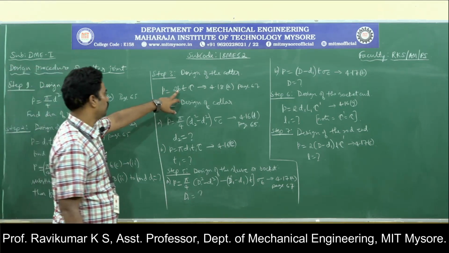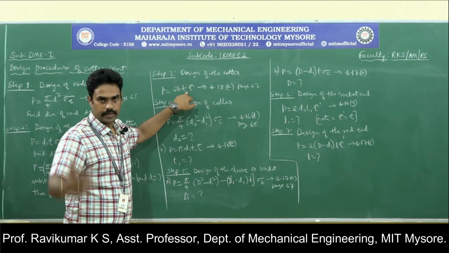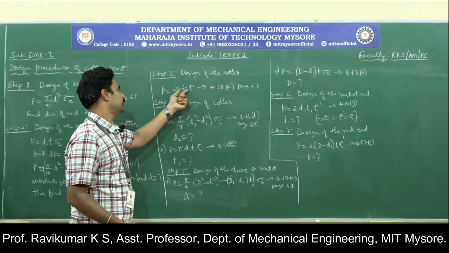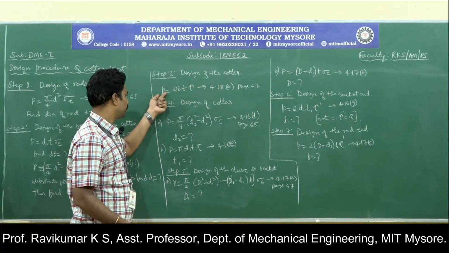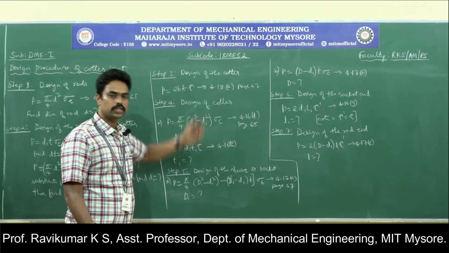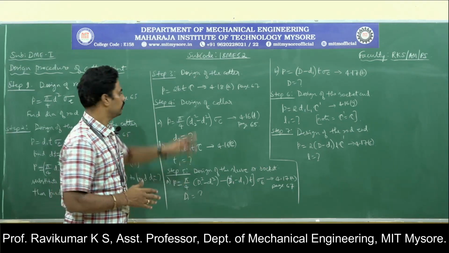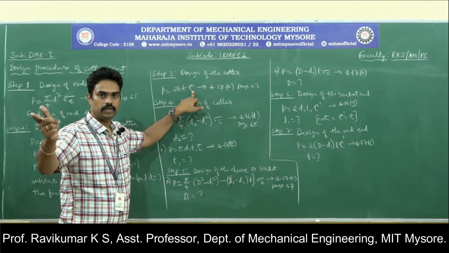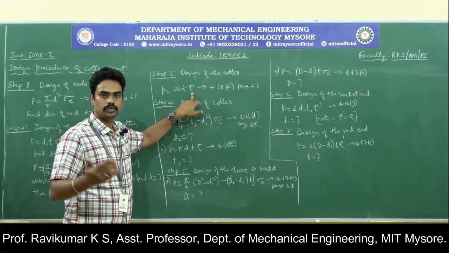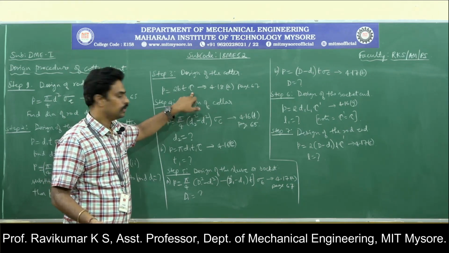Similarly, b and t you can calculate using the empirical relations by substituting in terms of D. Then substitute P, B and T, and calculate the shear stress. Compare this shear stress with the given shear stress in the problem, or the shear stress of the material. If this exceeds that one, then the material is going to fail. If the developed shear stress is less than the given stress, then it will be safe.